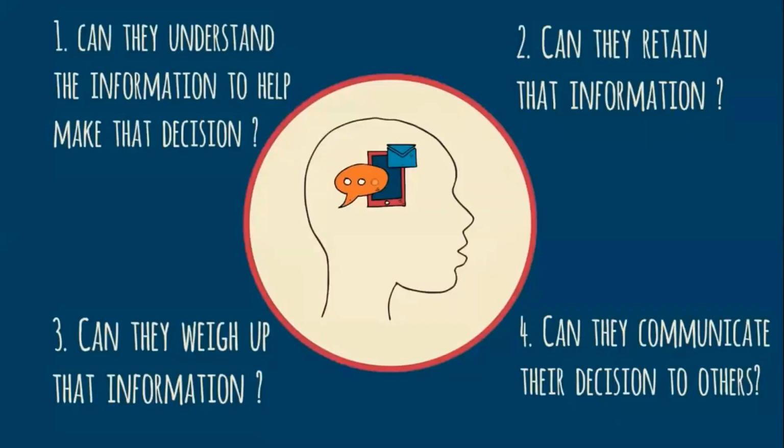And the 4 key things are: can they understand the information to help make that decision? Can they retain the information? Can they weigh up that information? And can they communicate their decision to others? And if you're assessing somebody's capacity, whether with regards to treatment or discharge destination or anything, I think it's useful to think about it in these 4 domains if you have concerns that they may not have capacity.